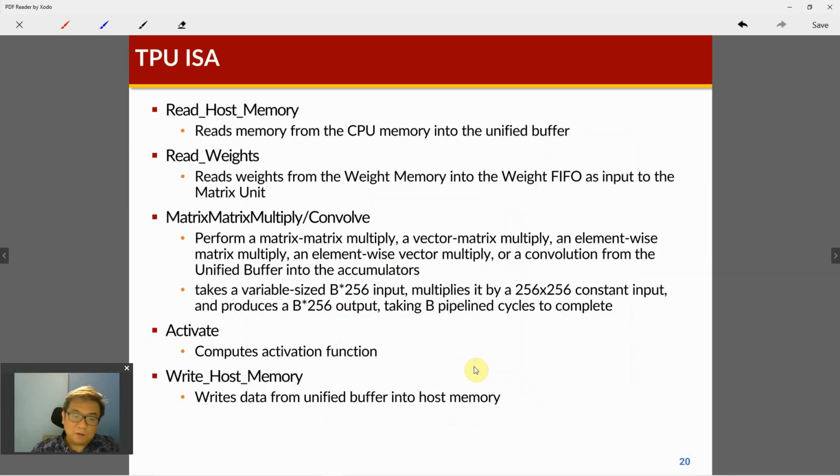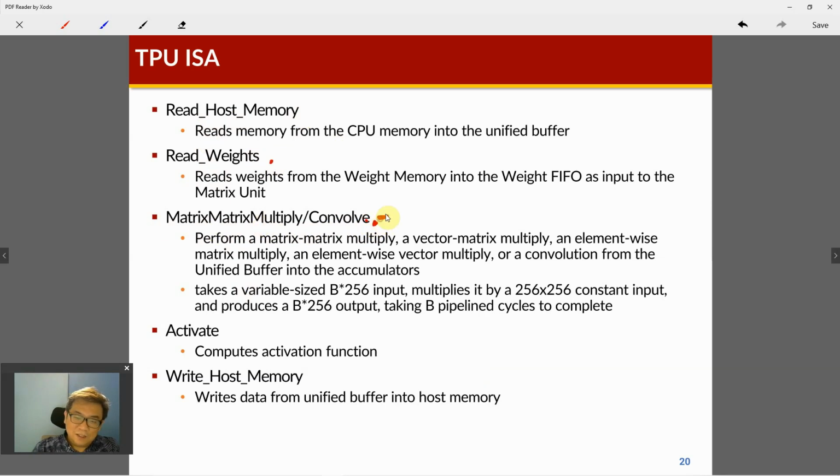The TPU also supports an instruction set. These instruction sets are very simple compared to a general-purpose instruction set architecture. There are 5 different instructions for the TPU, and most of them are data transfer instructions, like read host memory and read weights, and also matrix multiplication or convolution instructions.